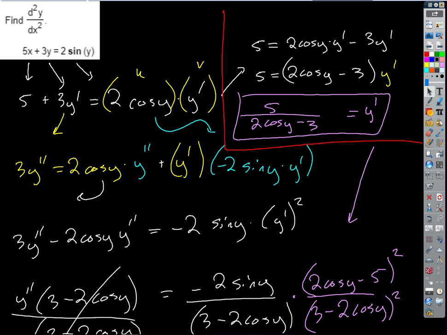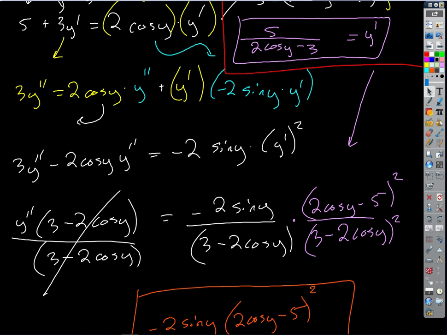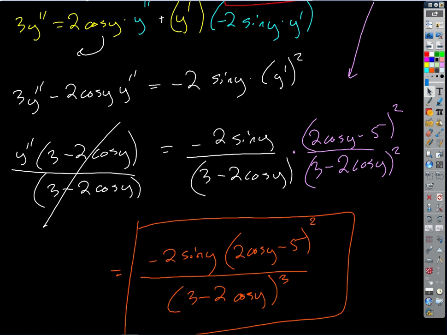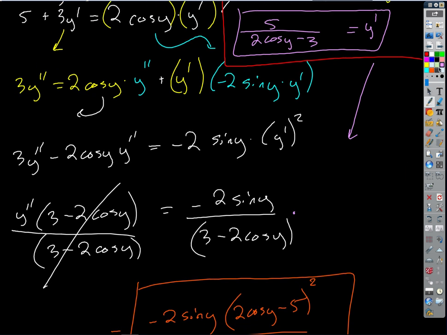Okay. That changes, so the only difference is, let's rewrite this down here. When I square that out, I'm going to get, top squared is 25, on the bottom, I get 2 cosine y minus 3 squared, right?